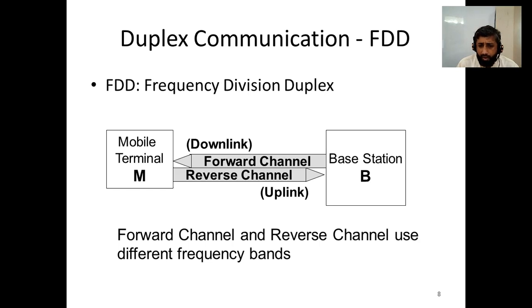In wireless communication, typically the channel which is carrying signal from the base station to the mobile terminal is known as the forward channel, and the channel which is carrying signal from the mobile terminal to the base station is known as the reverse channel.